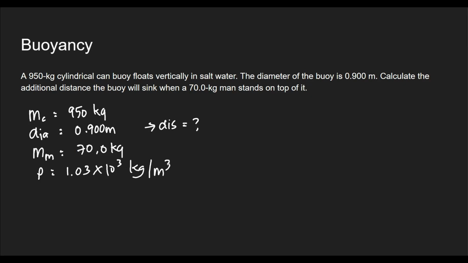So we are looking for the additional distance, so that is just d, the additional distance. How would we get it? Firstly, know that the buoyancy is equal to the weight of the man, knowing that the weight is just mg, and the buoyancy formula is just equal to your rho, density, times your gravity times your volume.